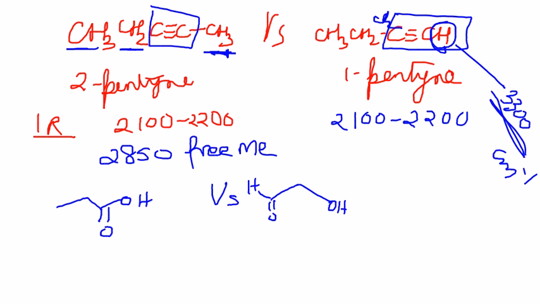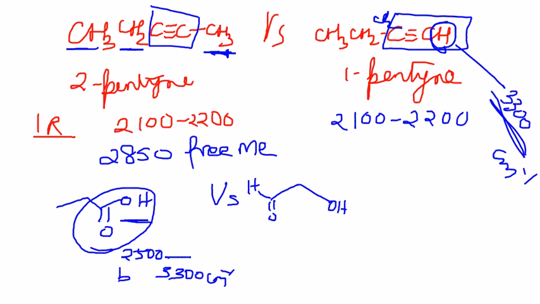Please realize this is a carboxylic acid, and so the OH for that starts around 2500 and is a really broad peak, goes all the way to about 3300 or so. It's an extremely broad peak. Whereas if it's an alcohol, it actually starts at 3300 and goes up to 3500. Again, it's a broad peak, but it starts at 3300, much later.